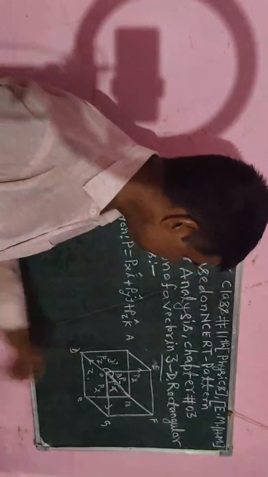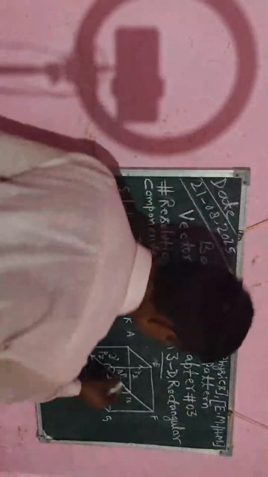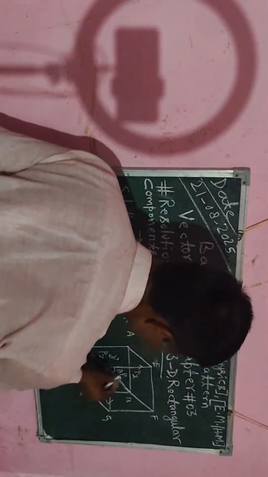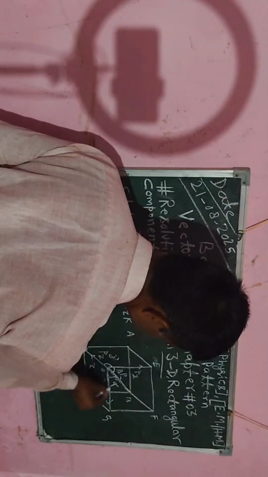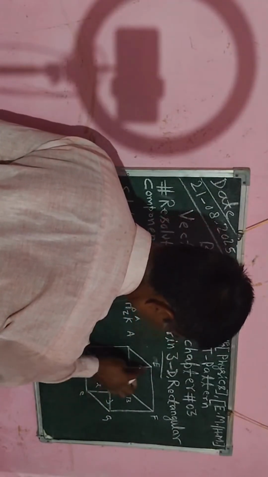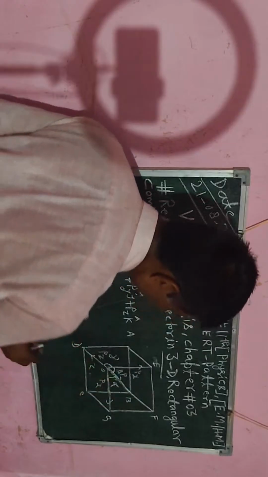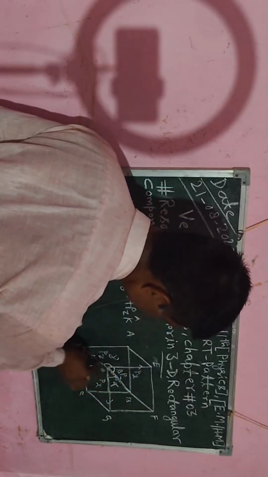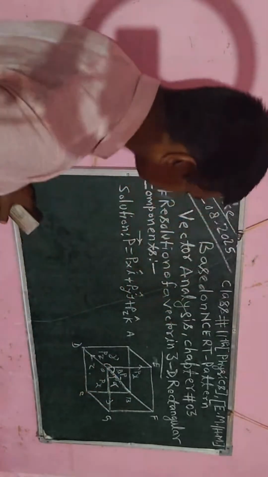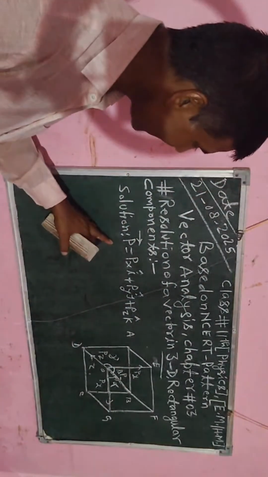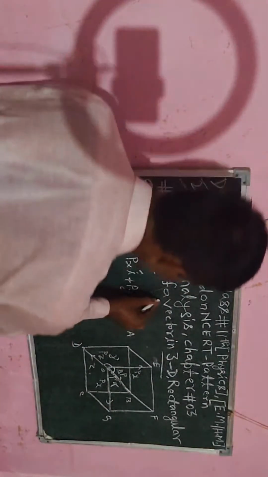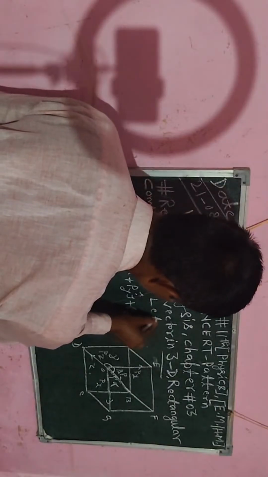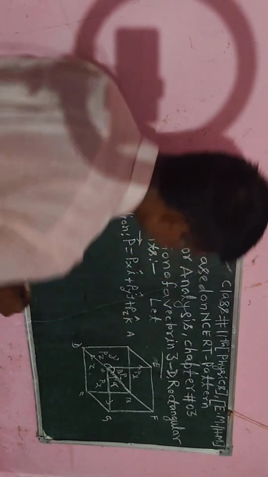So I have written here one vector, that is P, and its coefficient along the x-axis I have written px, and along the y-axis I have written py, and similarly along the z-axis I have written pz. Okay, so this is the vector, and I have assumed, I have supposed.